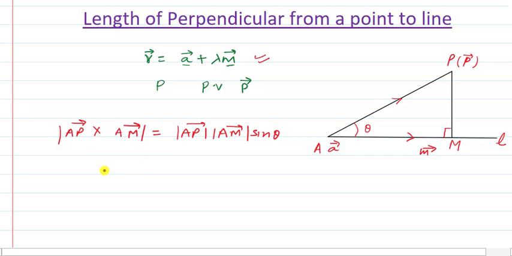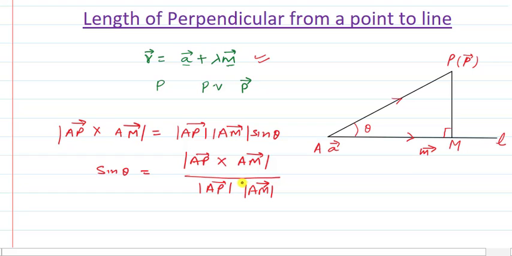From here we get sin theta is equal to modulus of AP vector cross AM vector upon modulus AP vector into modulus AM vector.